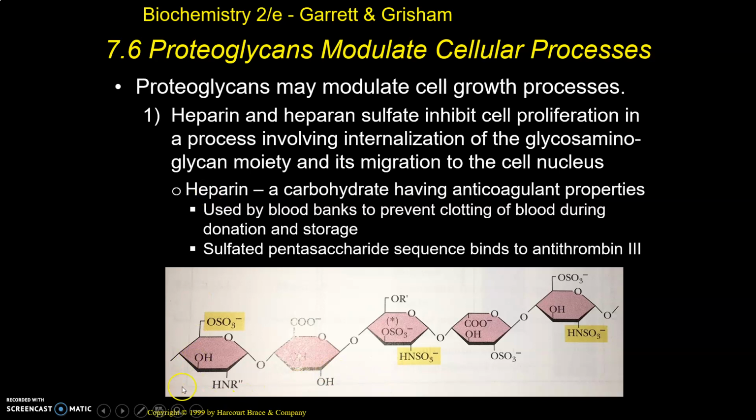Which we can see in the structure down here. Heparin is a carbohydrate that has anticoagulation properties. It's really important. And this sequence that you're seeing right here, this sulfated pentasaccharide sequence, binds to antithrombin III, which allows our blood to help start coagulating.